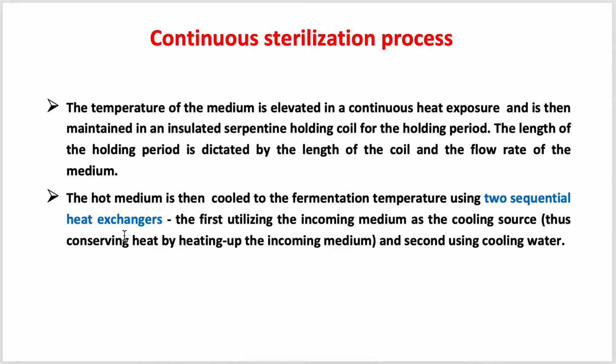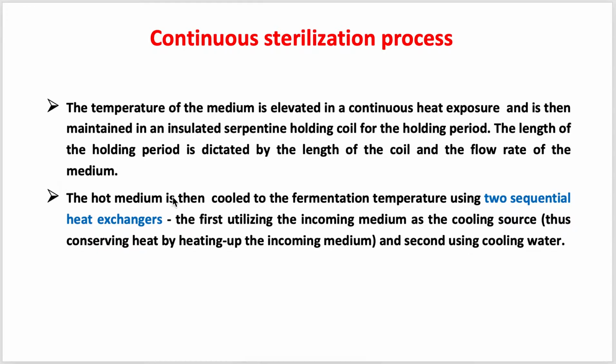Now, how is a continuous sterilization process done? The temperature of the medium is elevated by continuous heat exposure and is then maintained in an insulated serpentine holding coil for the holding period, and the length of the holding period is dictated by the length of the coil and the flow rate of the media.